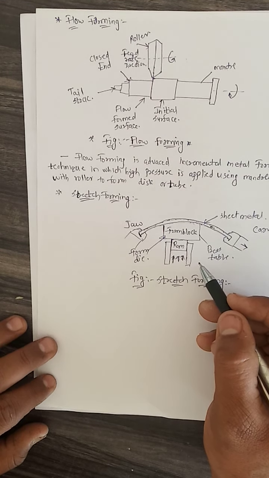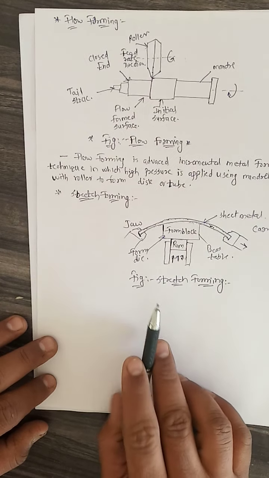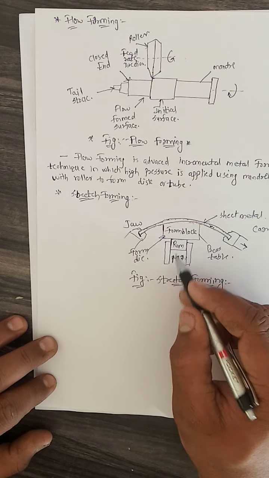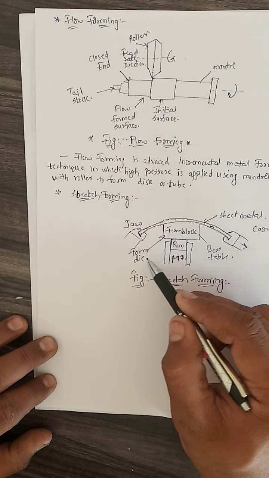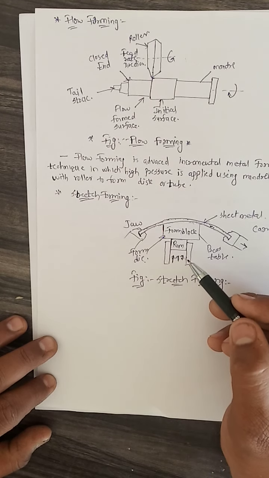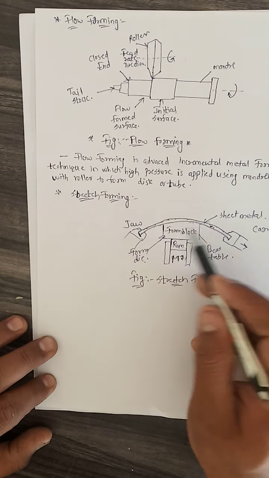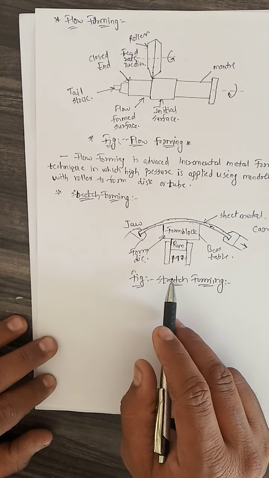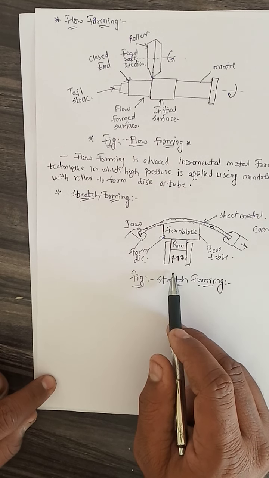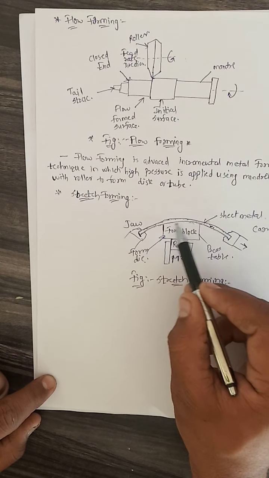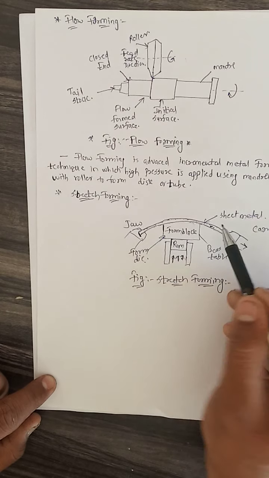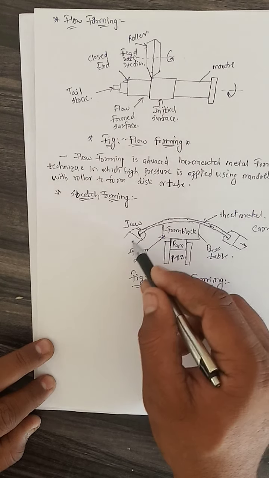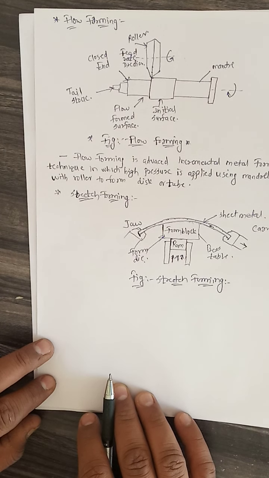Now see how it works. When the ram is forced in an upward direction against a die or foam block to give shape to the sheet metal by hydraulic press or pneumatic press, so as to change the shape or size of the sheet metal, as shown in the figure.